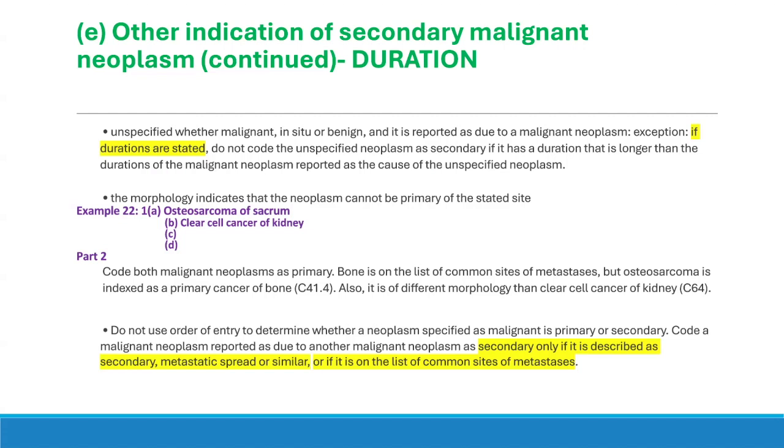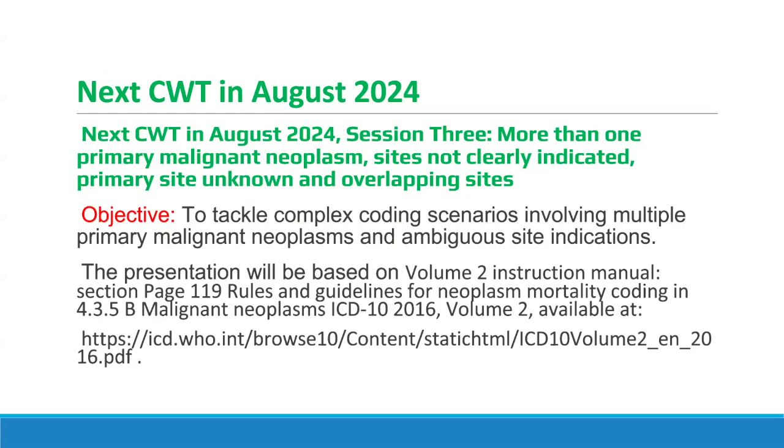The next CWT in August 2024, session 3, is on more than one primary malignant neoplasm, sites not clearly indicated, primary site unknown, and overlapping sites.